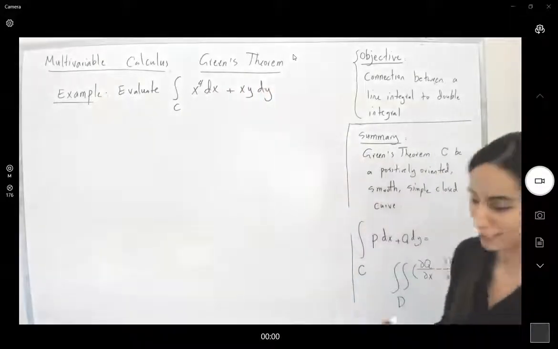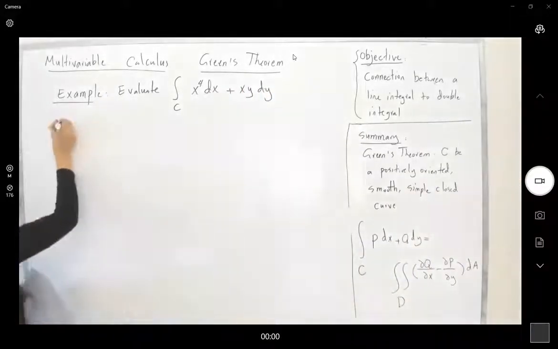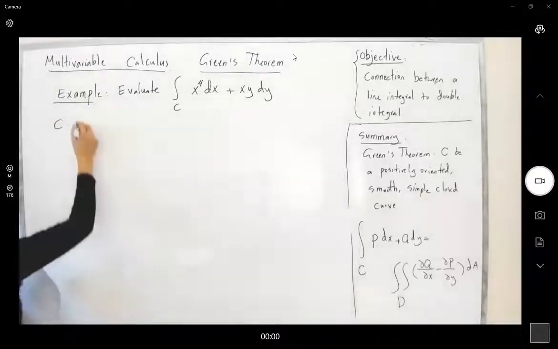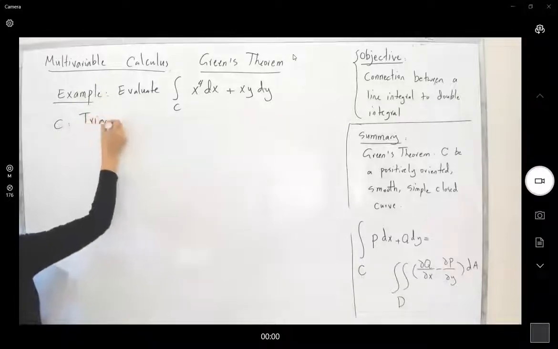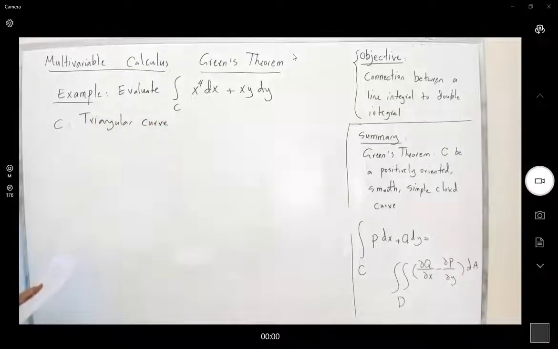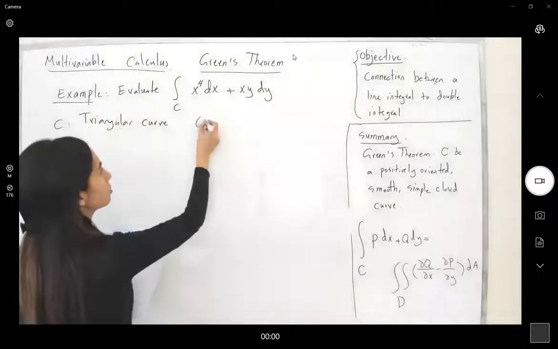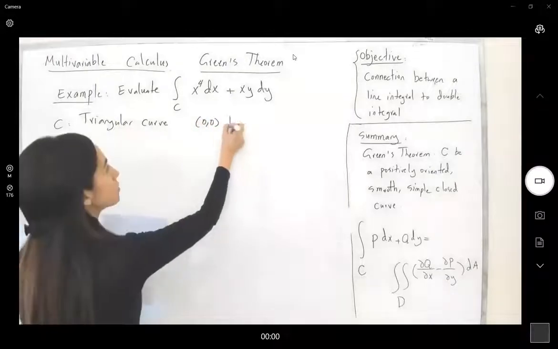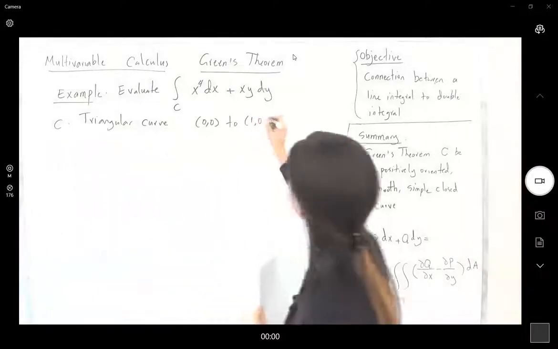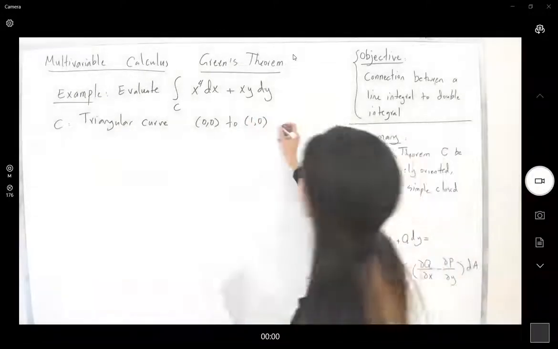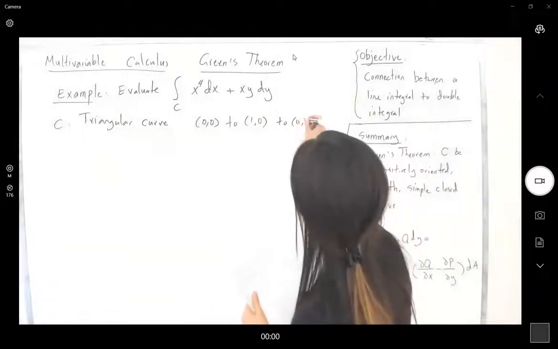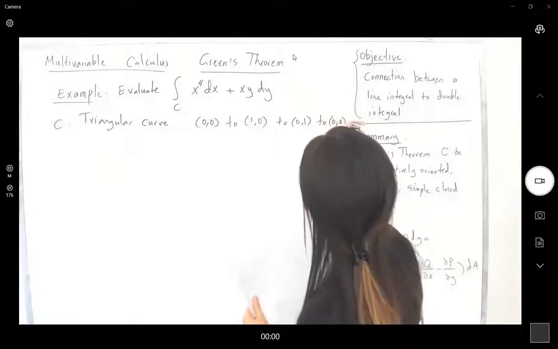The information about C is given as: C is the triangular curve that consists of line segments from (0, 0) to (1, 0), and then from (1, 0) to (0, 1), and from (0, 1) to the origin.